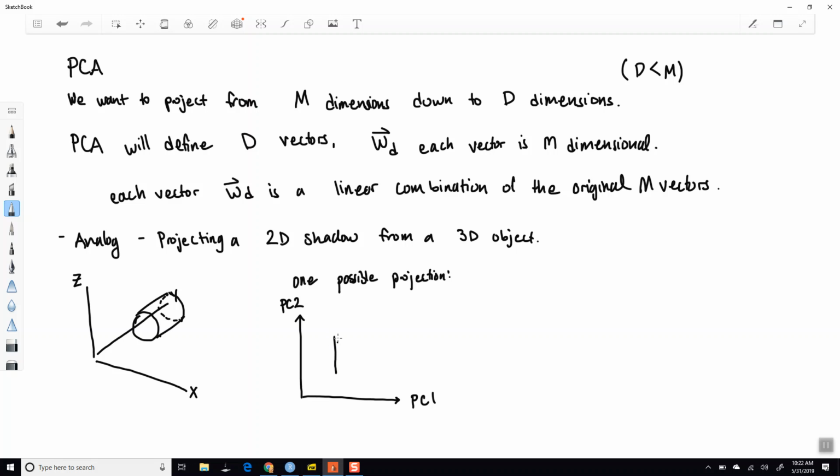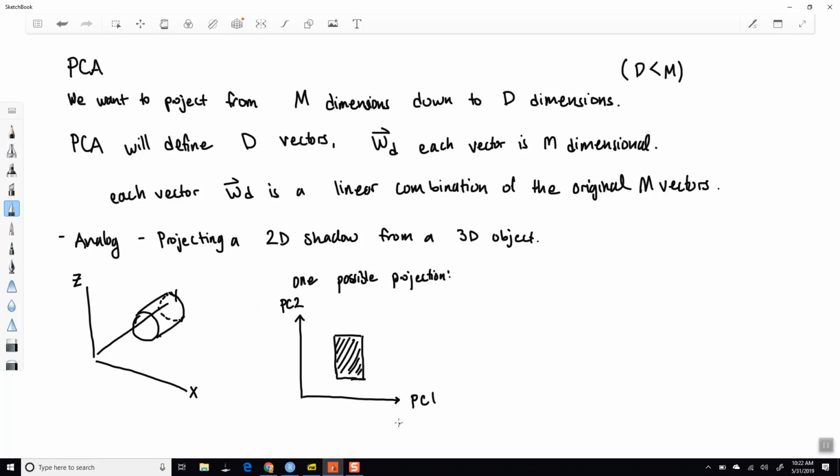Imagine a toilet paper tube type of thing, and I could just cast this directly this way, where each principal component is just a linear combination of the others, okay?